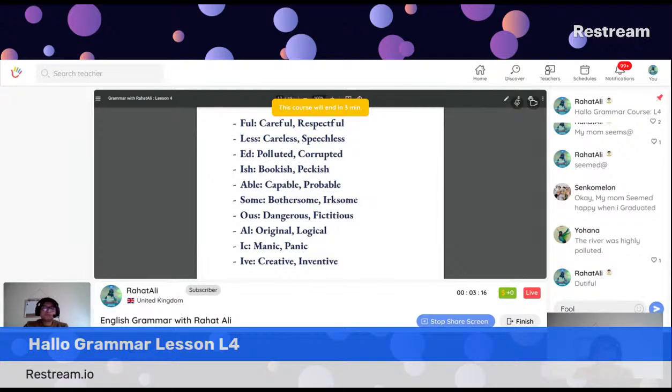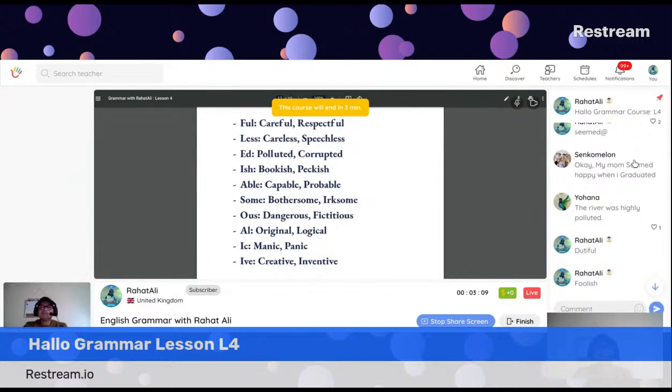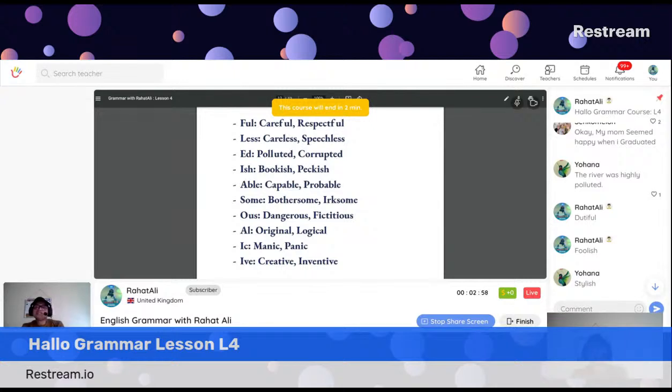Like foolish, for example. Any other example with able? Stylish, very good. He's stylish, like Ihana is a stylish girl, for example. Sanko is a stylish boy. I'm not stylish like you guys, for example. Able, any other examples with able?